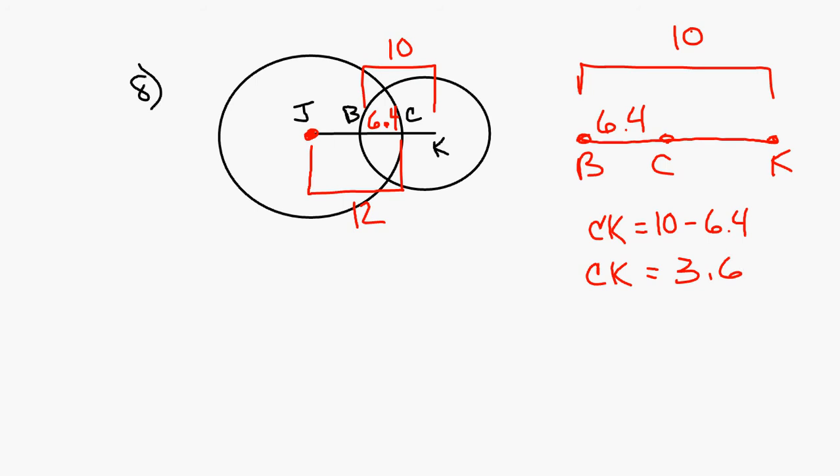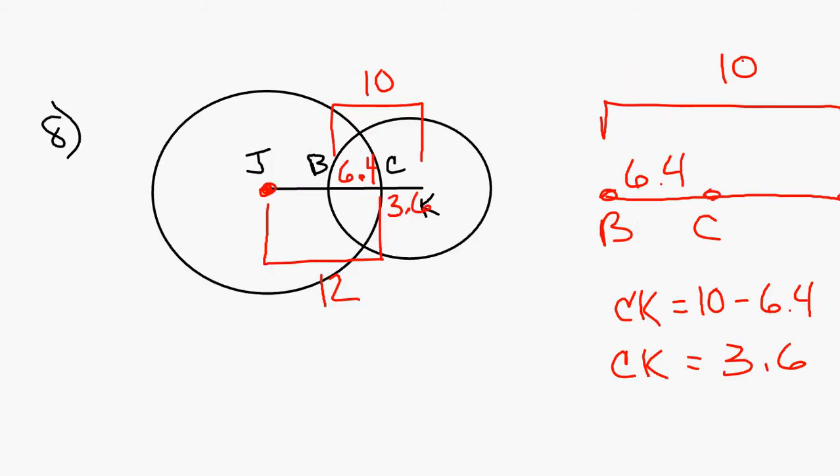J to K. Now, if you just found C to K and it's 3.6, and now you need to find J to K, so look what you need.